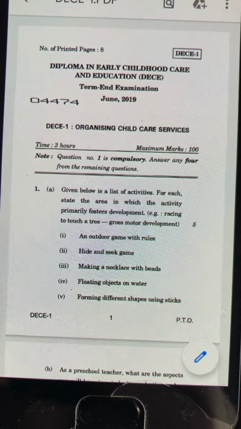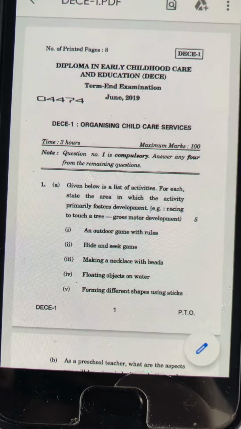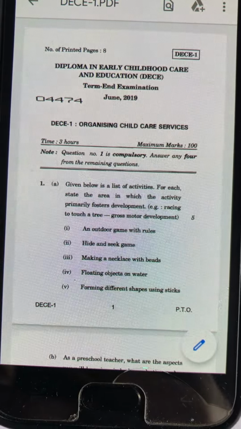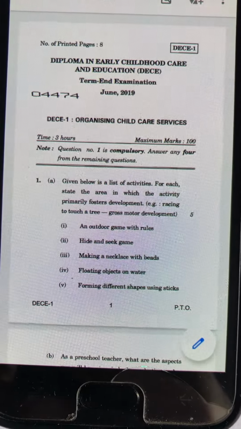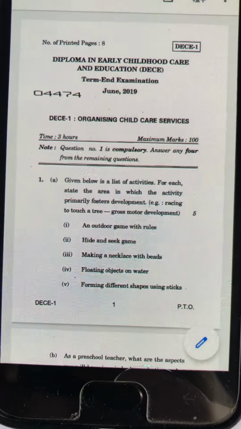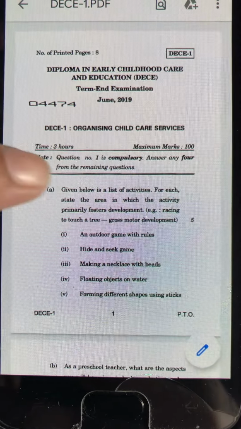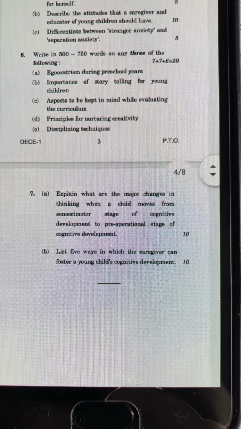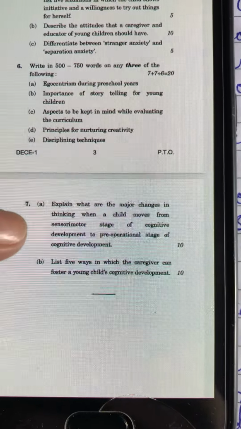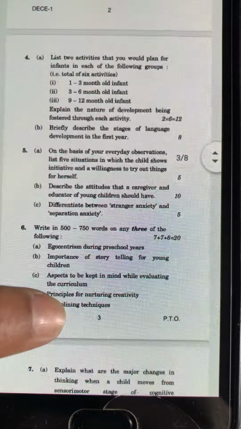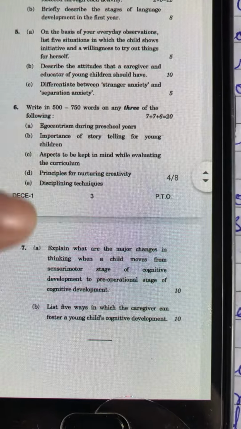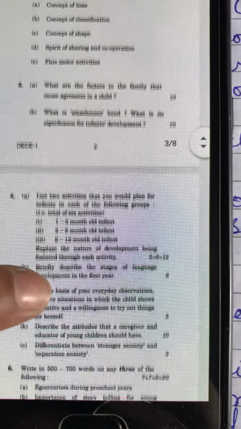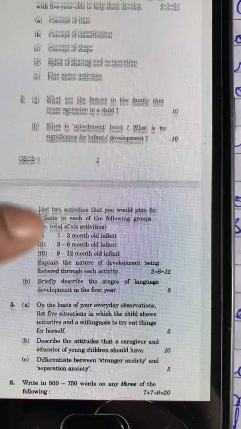Answer any 4 from the remaining questions. Question number 1 is compulsory, and the rest have 6 parts further, that is, total we have 7. First one is compulsory, and out of these 6 questions we have to solve any 4 parts.